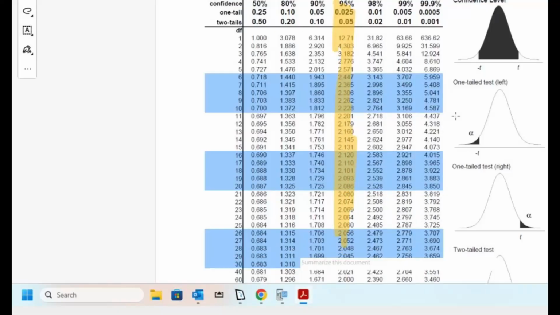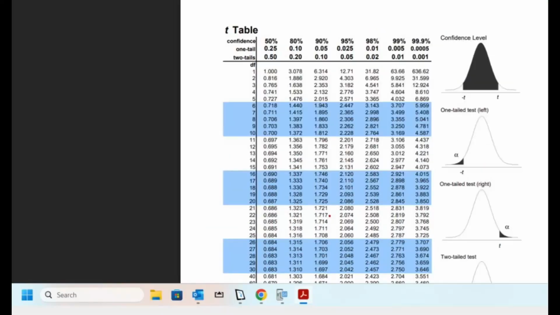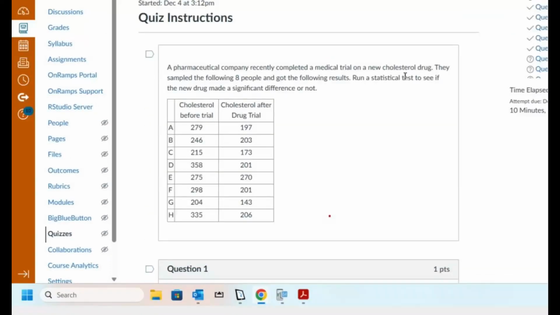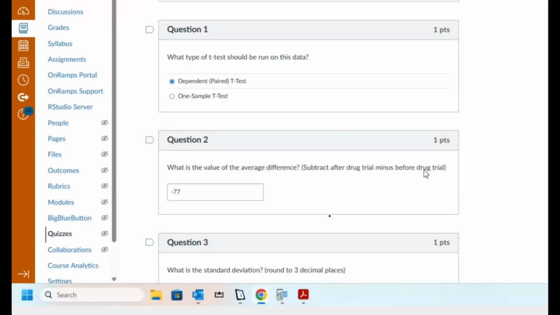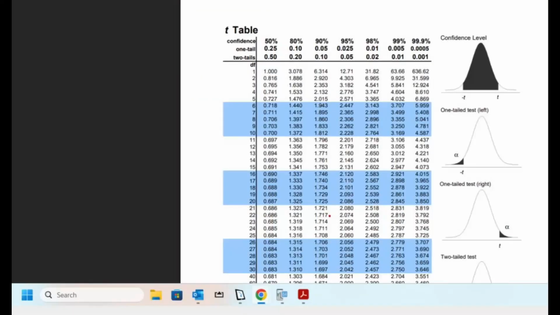And degrees of freedom is always going to be sample size minus 1. At the very beginning, we had 8 patients. So since we had 8 patients, my sample size is 8.